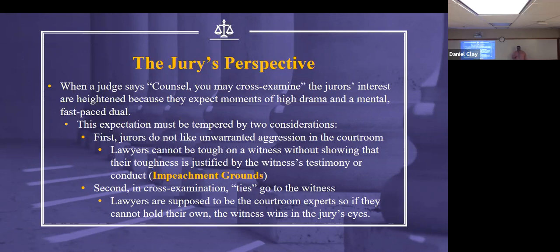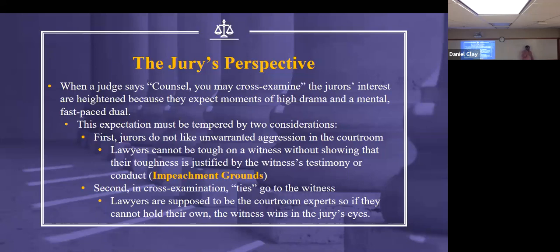So what they think is you just went head to head with this witness and the witness either won, which is really bad for you, or tied, right? They matched you. You didn't get what you wanted out of them, but they didn't say what they wanted to say. They're going to go with the witness, because you're the expert and you couldn't get the job done. So that means the witness is probably telling the truth, right?